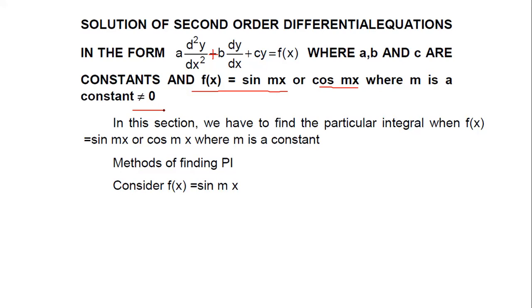What is the method to find the particular integral for sin mx or cos mx? For this, you should know all the trigonometric formulas, the addition formula and multiplication formula.